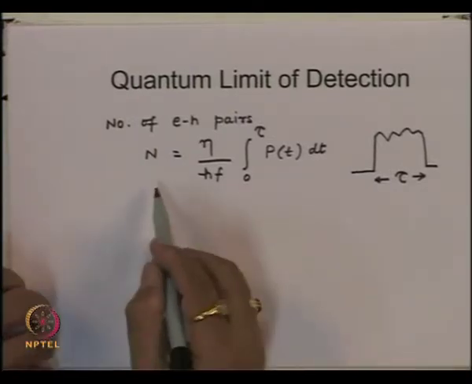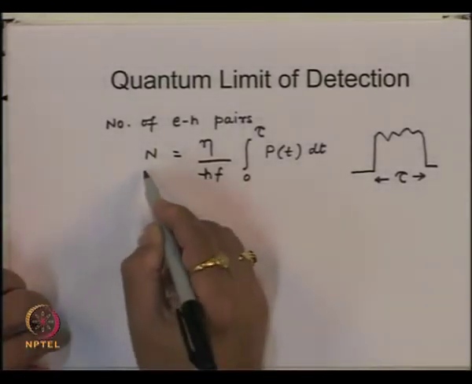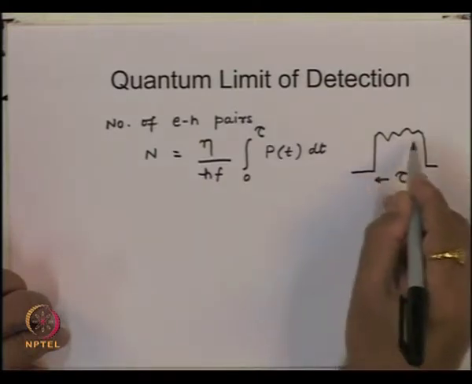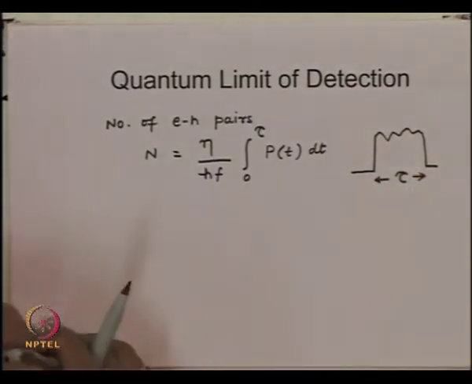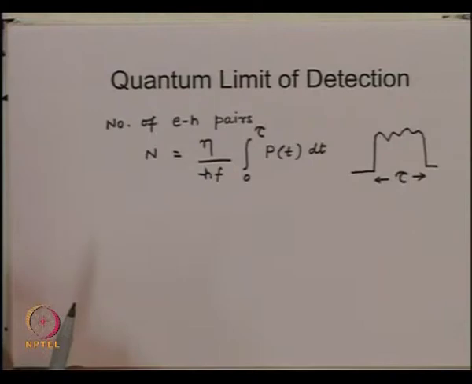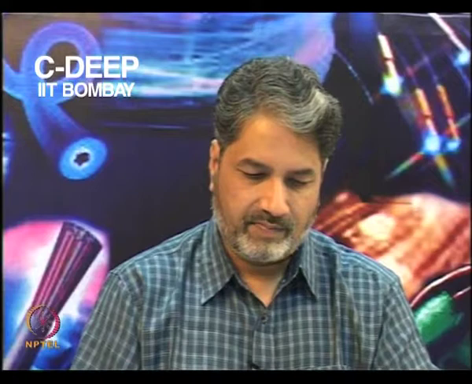Now, as we have seen, this quantity n is essentially telling you the average number of electron hole pairs which will be generated during this time. That is because the photon flux has random fluctuations. The photon arrival process itself is a statistical process, and as we have seen, this process is a Poisson process.